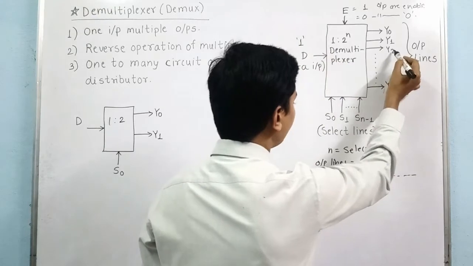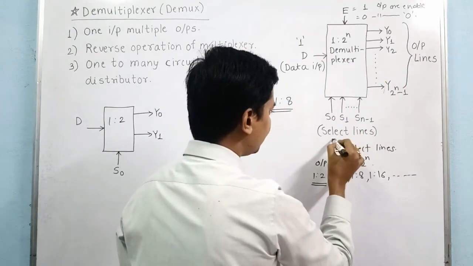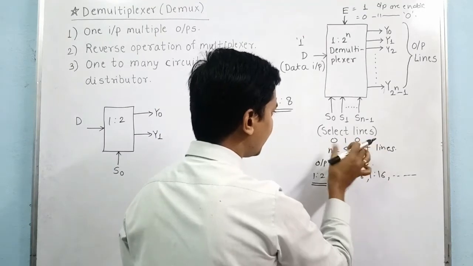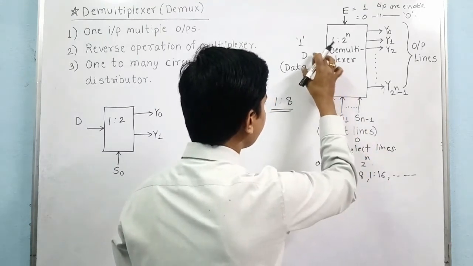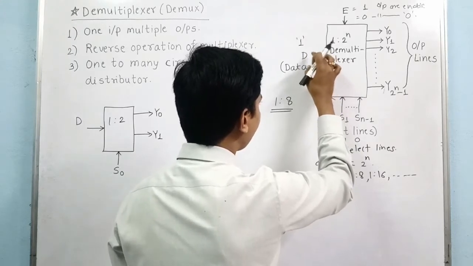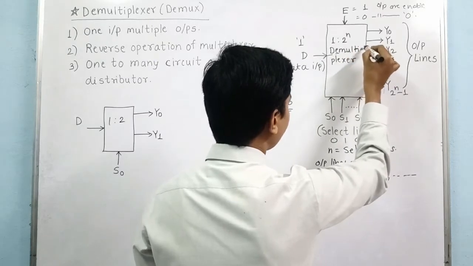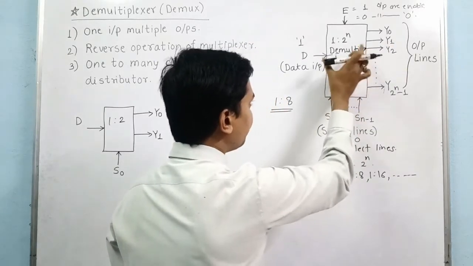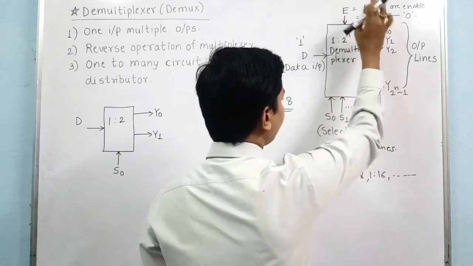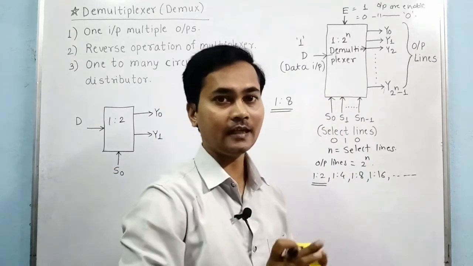You will send 0 1 0 on the select lines S2, S1, S0, so that the data on the D line will be sent over the y2 line. This will happen when E is equal to 1, that is, enable. The demultiplexer will be enabled.